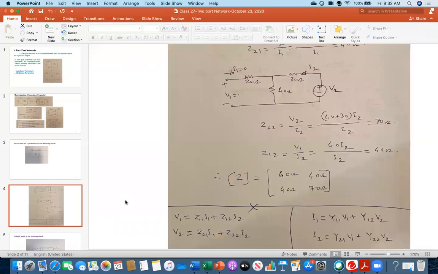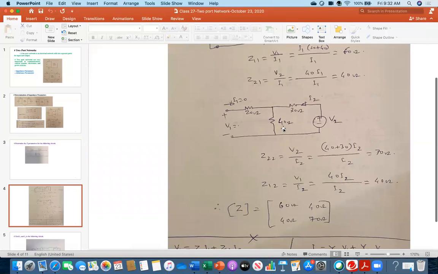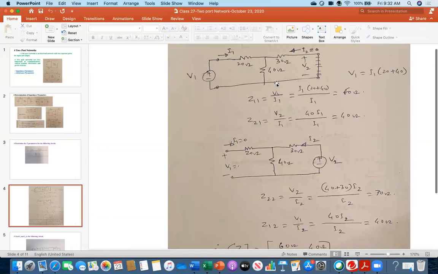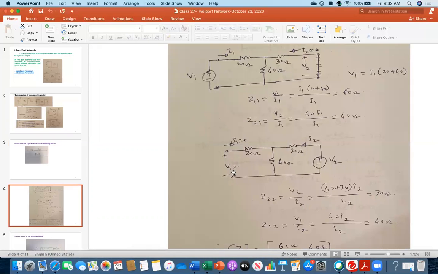Everybody see, I am applying the source V to the right side. Now the current flowing is I2, and my elements are the same, the 20, 30, 40 that were given. And this side is open. This means I1 is 0, and there is V2, the voltage, here.